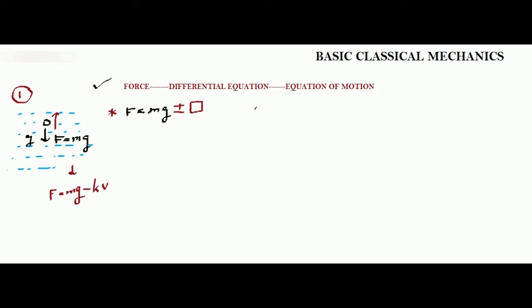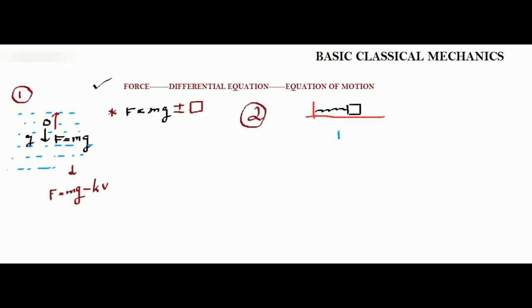Now, we'll deal with system number two. System number two will have a mass, but this mass will be attached to a spring, and then the entire thing will be connected to a wall. In this case, what is the force equation?